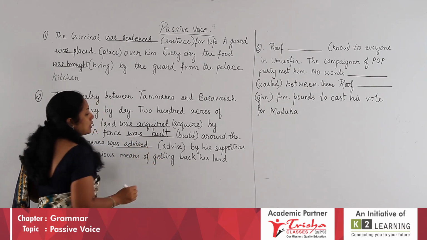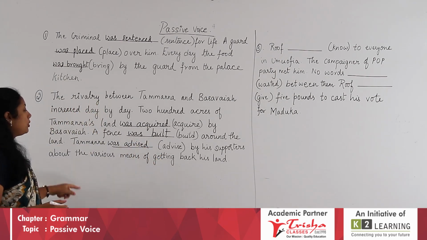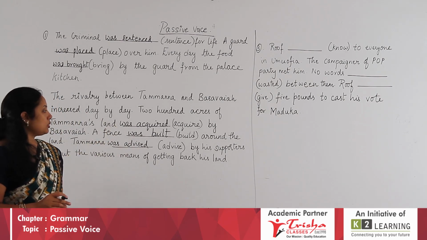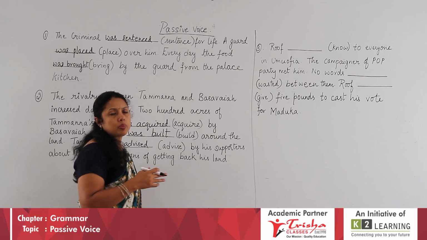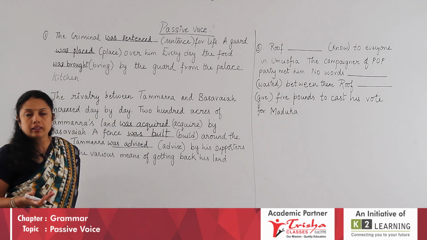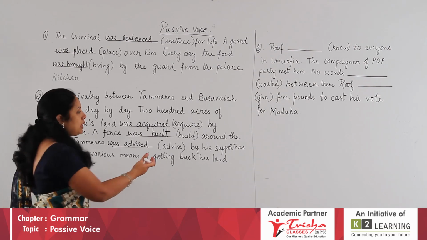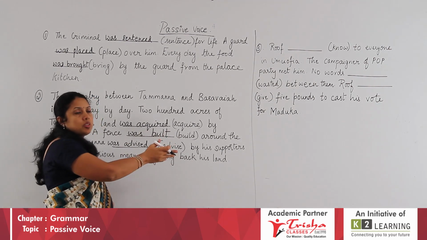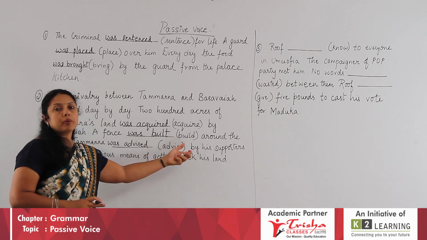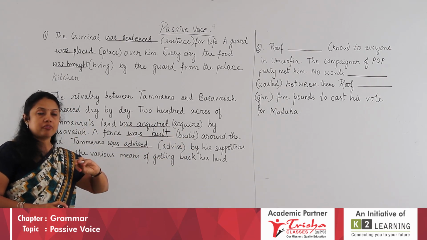Was advised by his supporters about the various means of getting back his land. So this one, as I told you, usually happens to be a very simple way of changing from the active voice to the passive voice, and it will be a very simple transformation, a change of the words from the given simple present to the past perfect tense.